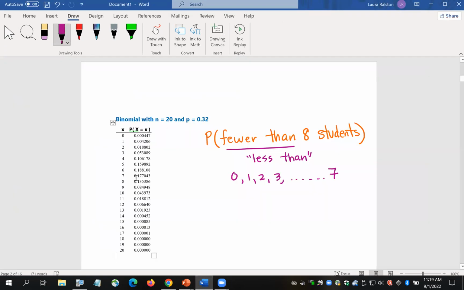We would add together the values for 0 all the way up to 7. And again, it would be nice to have an easier way to do it, but the only way to do it is going to be to add those numbers together. And I'm doing so, trying to type them in.